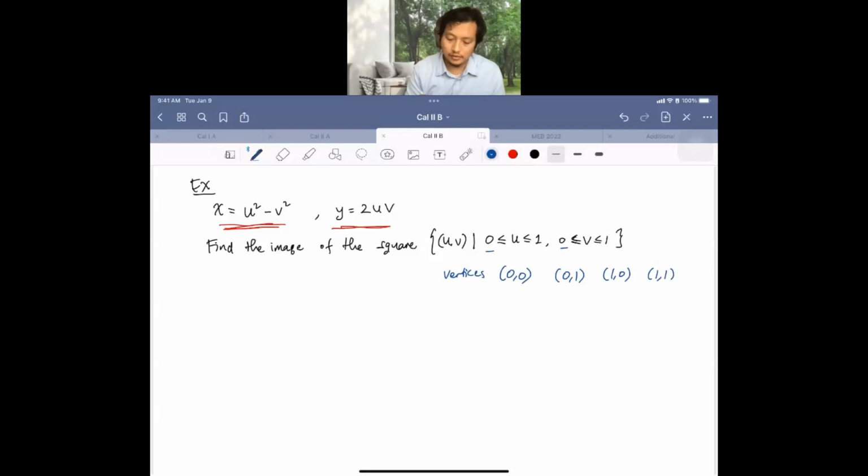So we could have the uv plane like that, and this is (1,1). So this is our square.